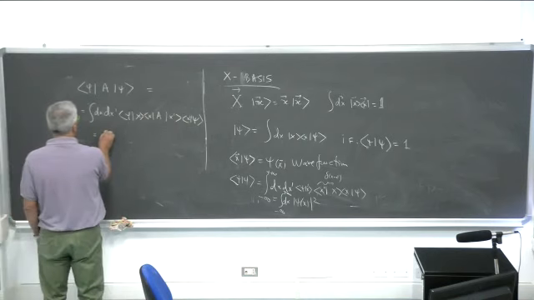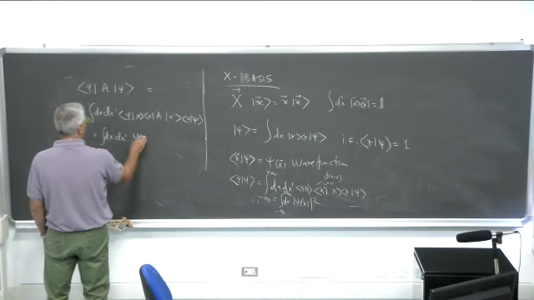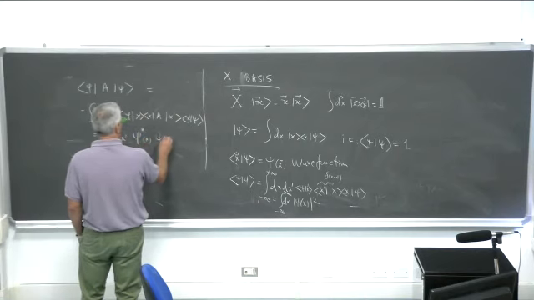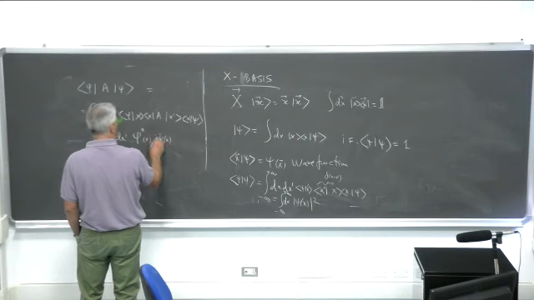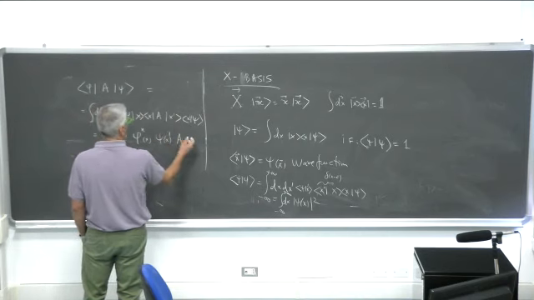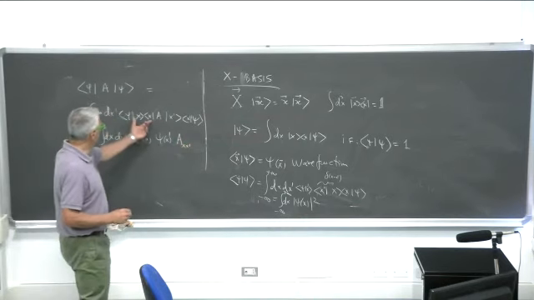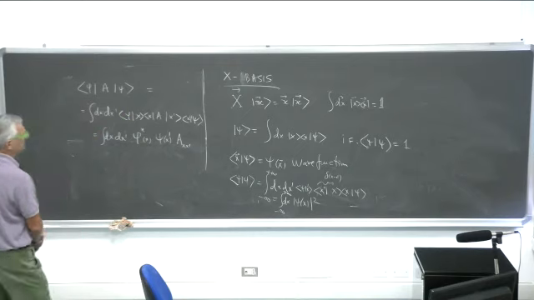So this is dx, dx prime, phi star of x, psi of x prime, right? A, x, x prime, like that, right? Matrix elements in there, and so on.